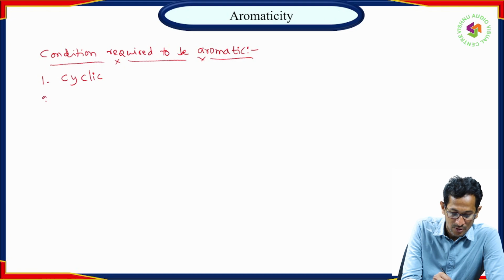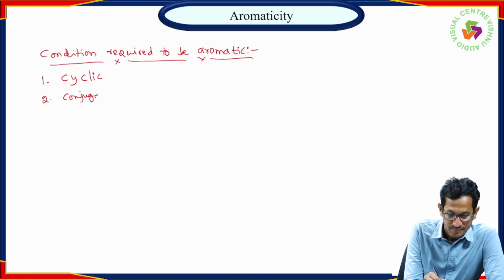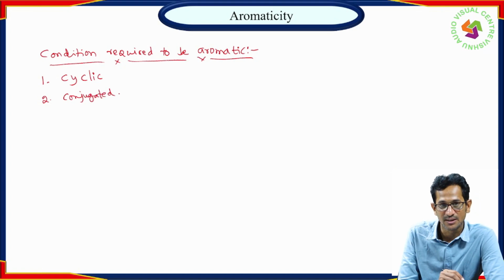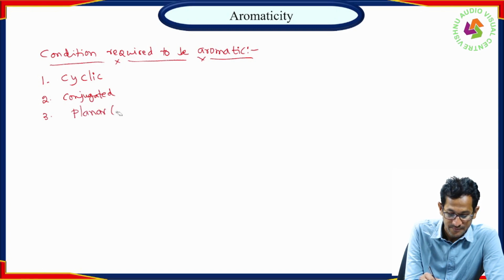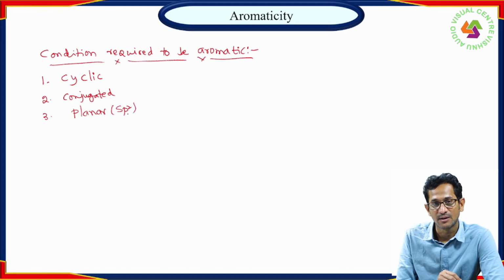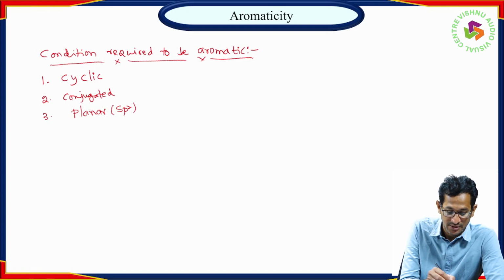Condition number two, the compound must be a conjugated compound. Condition number three, it must be planar. When it is planar, all the atoms of that compound must contain sp2 hybridization.